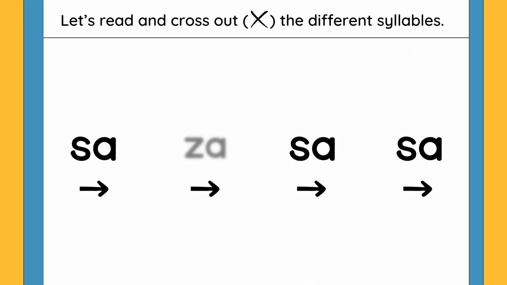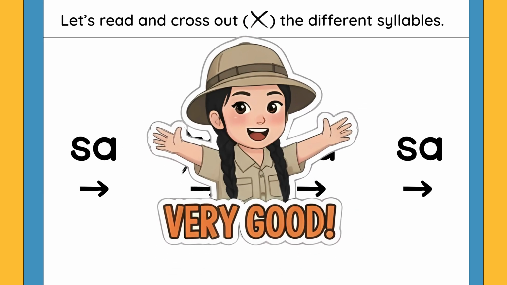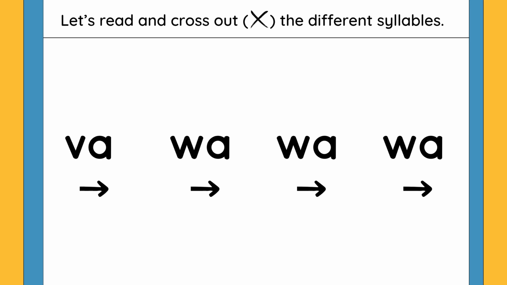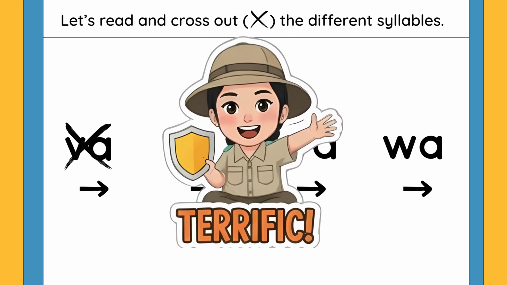Sa, za, sa, sa, za. Very good! Va, wa, wa, wa, va. Terrific!